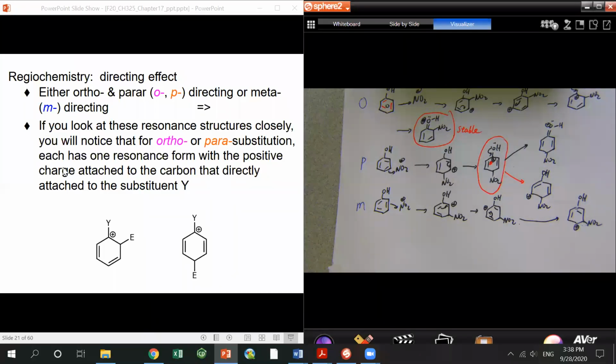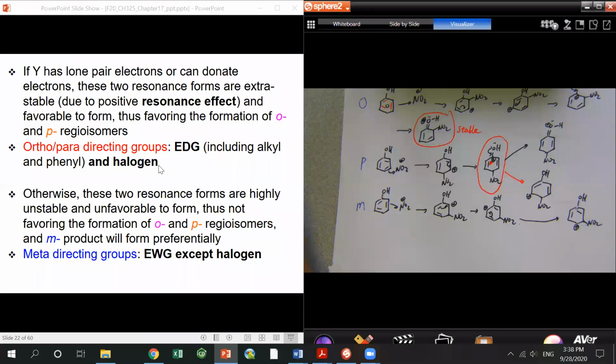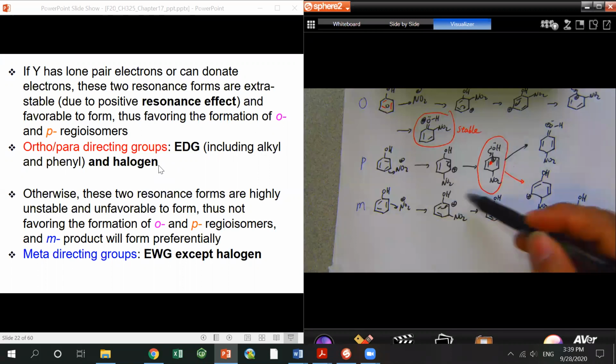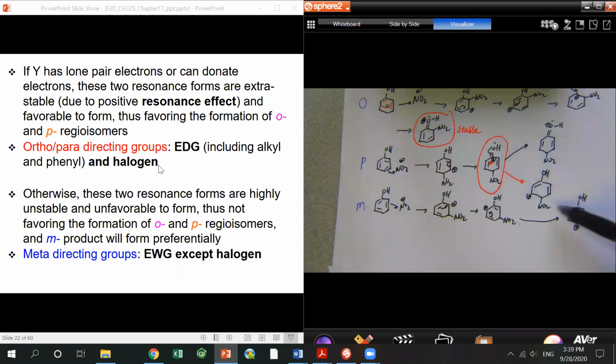So that explains why an electron donating group, which we also call an activating group, increases the ortho and para stabilities and then increases the reaction rate. But for the meta, this positive charge bypasses the carbon with the OH group attached, so you cannot gain this stability.